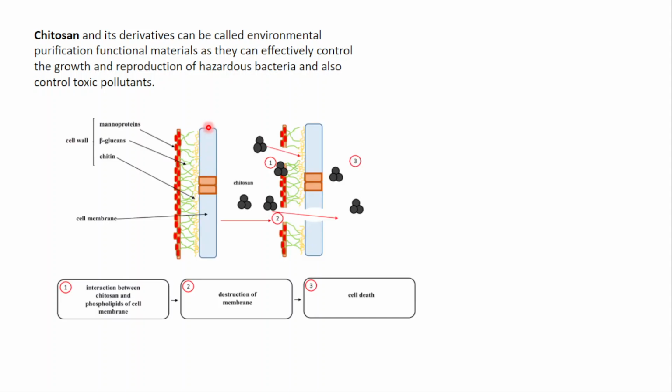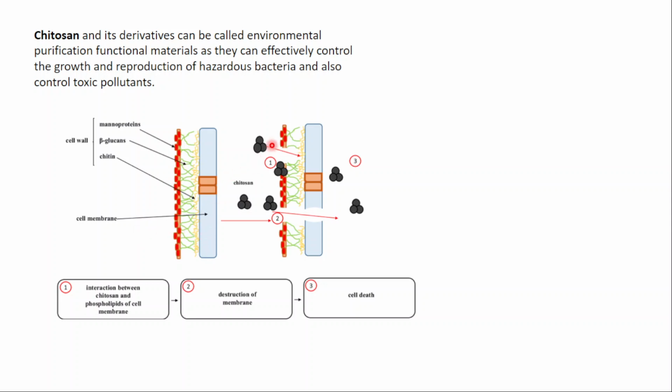This is a schematic showing the mechanism of action for chitosan. If you follow my cursor, here this shows a cell membrane and cell wall of a bacteria, of a hazardous bacteria. There are many molecules in the cell wall and cell membrane of a bacteria. The cell wall consists of mannoproteins or mannose sugars, beta glucans, chitin. So there can be many kinds of polymers and proteins in the cell wall of a bacteria or an archaea, and there is this cell membrane.